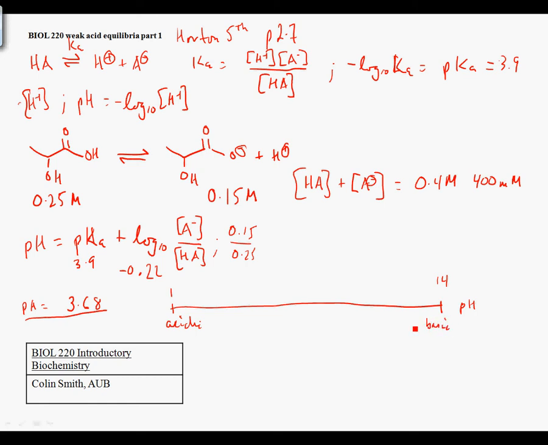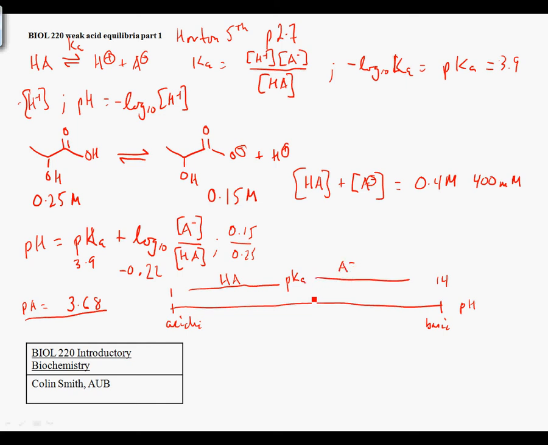What does the pKa mean? Well, the pKa not only will tell us how the pH can be controlled, but it's also useful that if somewhere in the middle here is the pKa, that means for a species like this, the acid form is going to exist, in that this lactate at any pH below its pKa will be protonated, and any pH above its pKa will exist as its conjugate base.